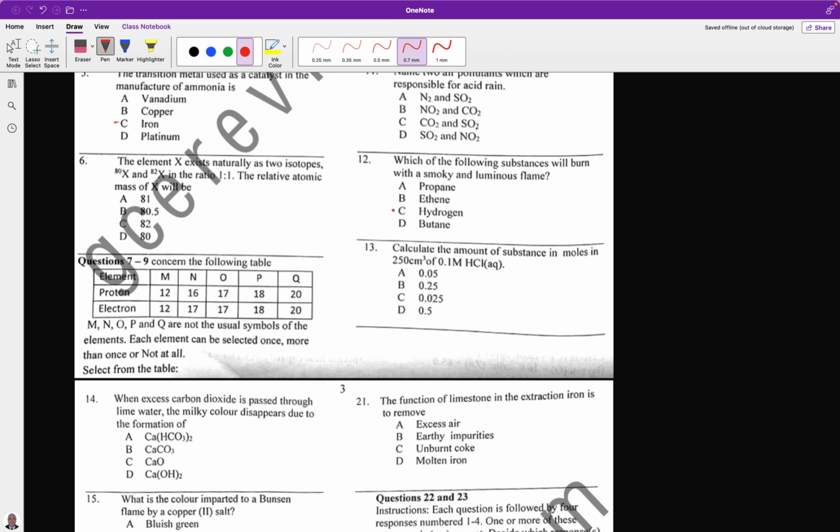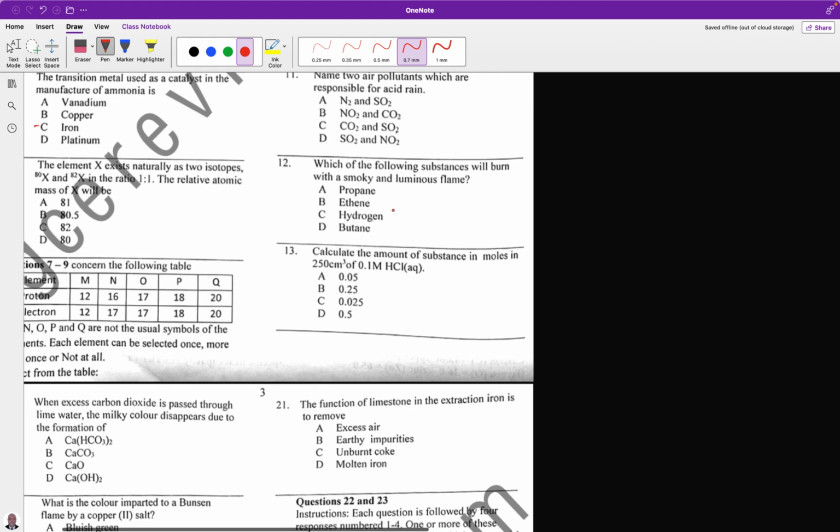Calculating the relative atomic mass of X, we have the ratio 1:1 and the atomic masses 80 and 82.